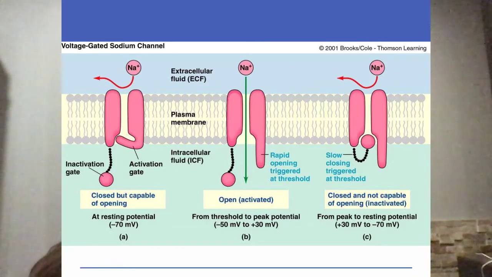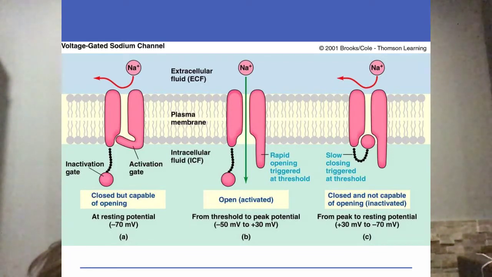Okay, so I'll walk you through this picture right now. So let's start with the first one. This shows you that the membrane is at resting potential. And so at the very bottom there, it says resting potential negative 70 millivolts. And in that condition, the activation gate is closed and the inactivation gate is open.